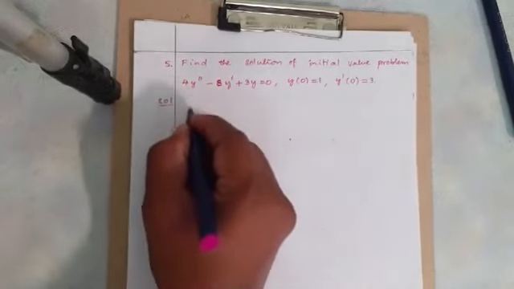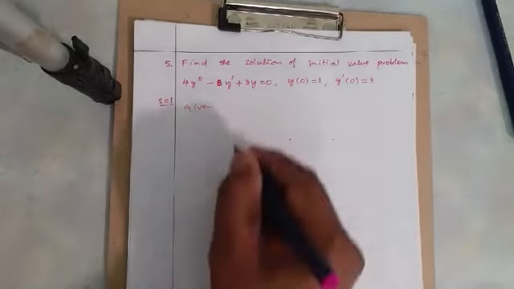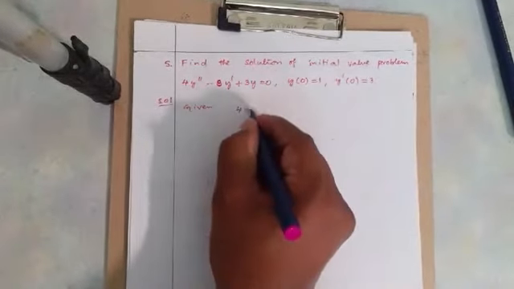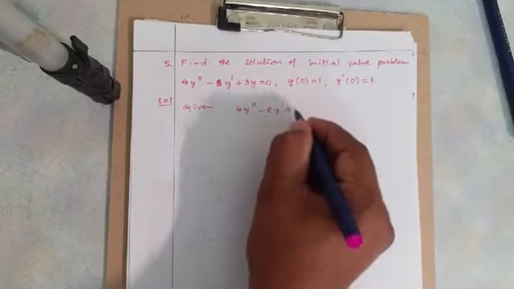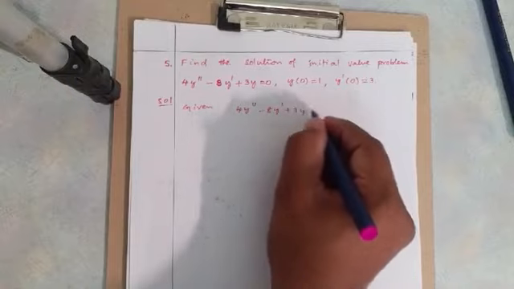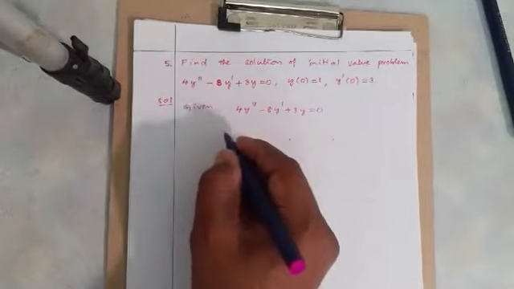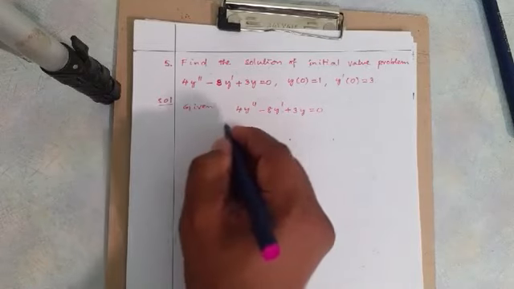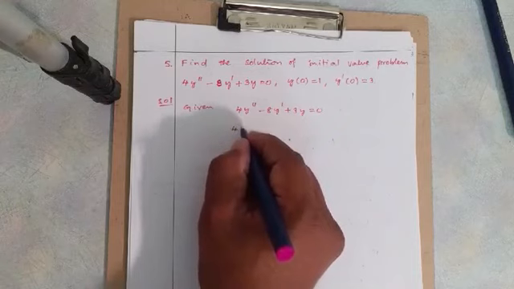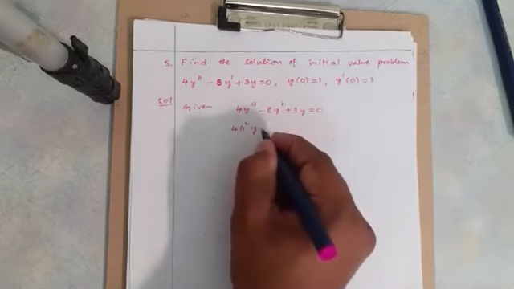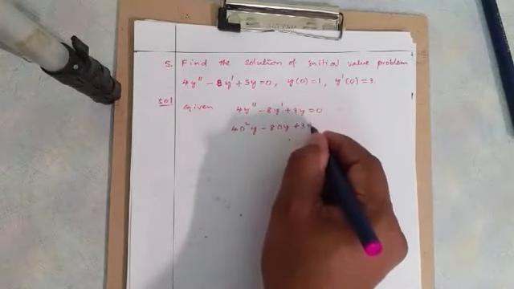So first we write the given equation: 4y double dash minus 8y dash plus 3y is equal to 0. Now we write it in operator form: 4d square y minus 8 dy plus 3y is equal to 0.